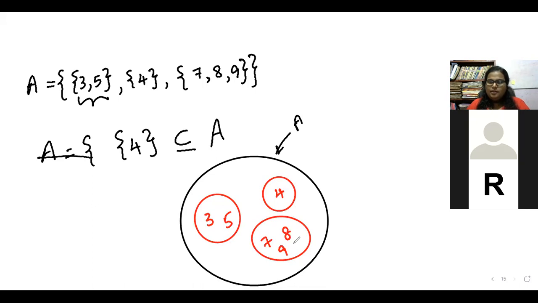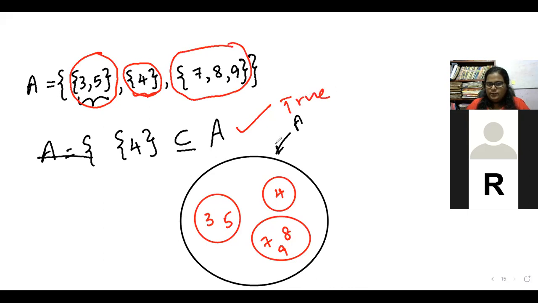So according to my knowledge, this is what the question is asking. Because the elements of this set A are given with curly brackets, each of them is definitely a set. So these are the 3 subsets in this set A. 4 is a subset of this set A. It is true.